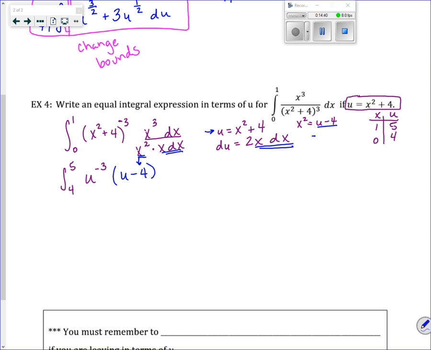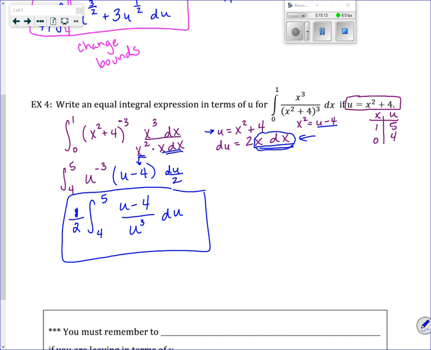X dx, I'm looking right here, and I'm solving for all of this, and that would be du over 2. Now let me just write that in probably how they would write it. They'd probably pull the 1/2 in front. They have 4 to 5, and that would be u minus 4 over u cubed, du. And that is an equal integral expression.